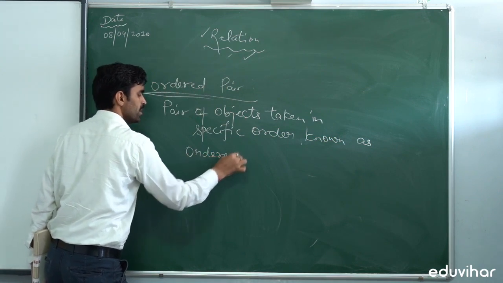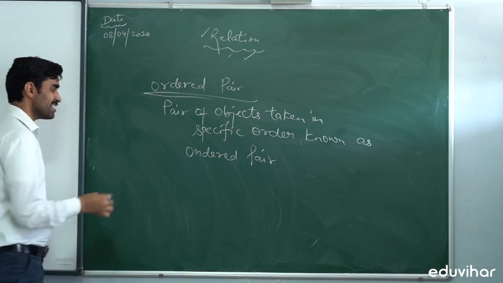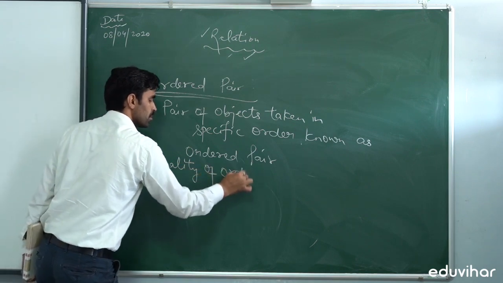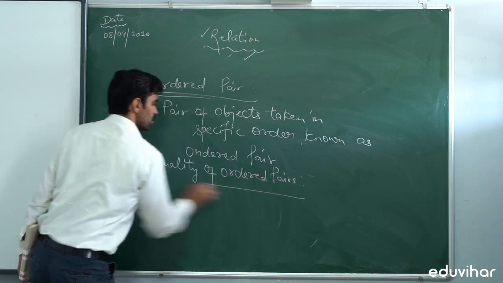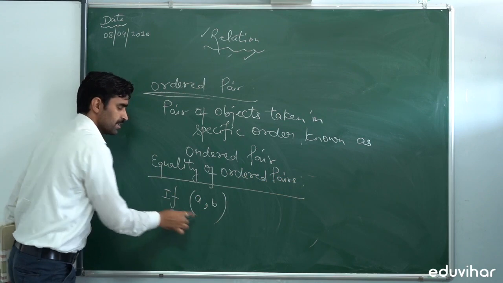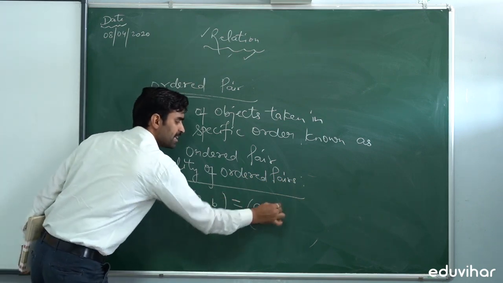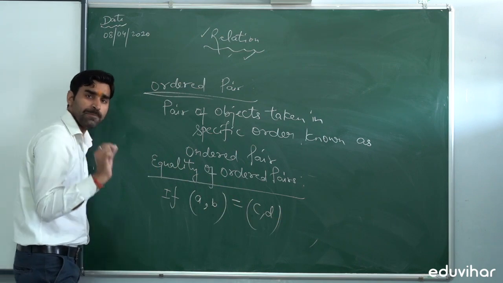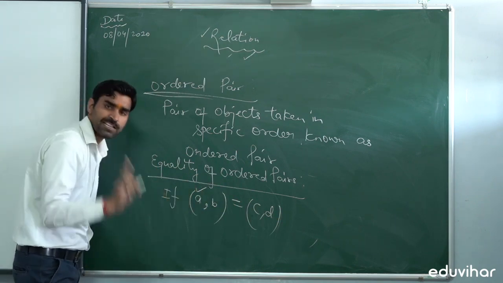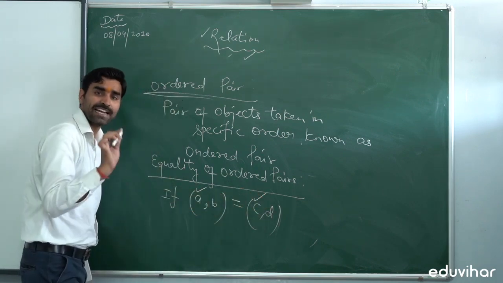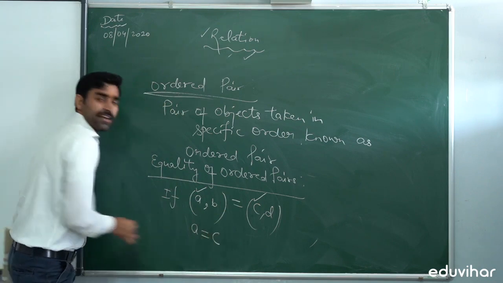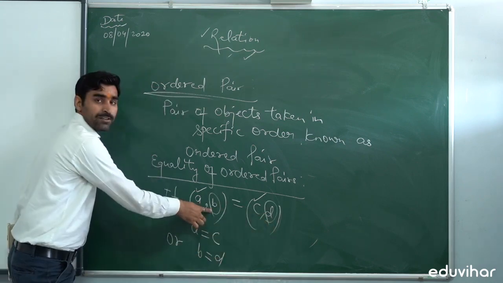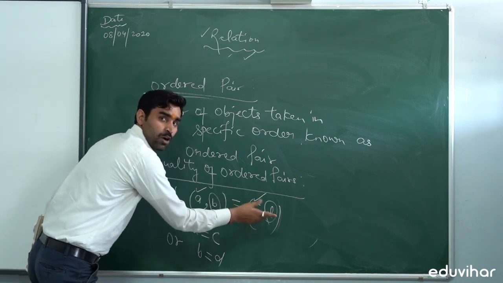Now there is a rule for equality of ordered pairs. If the ordered pair (a, b) equals the ordered pair (c, d), then it is only possible when the first element of the first ordered pair equals the first element of the second, that is a equals c, and b equals d, the second element of the first equals the second element of the second.